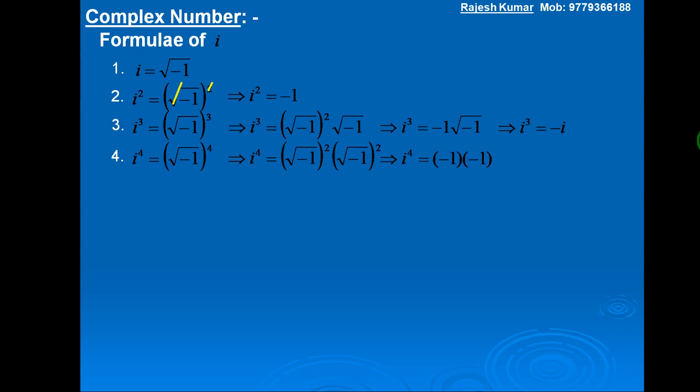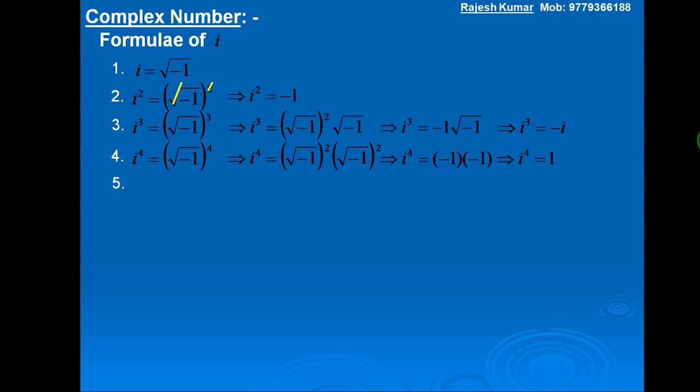This implies iota to the power 4 is equal to minus 1 into minus 1. This implies iota to the power 4 is equal to 1.